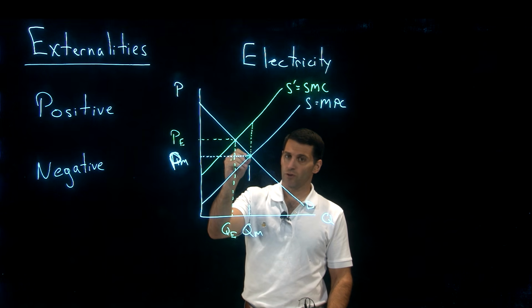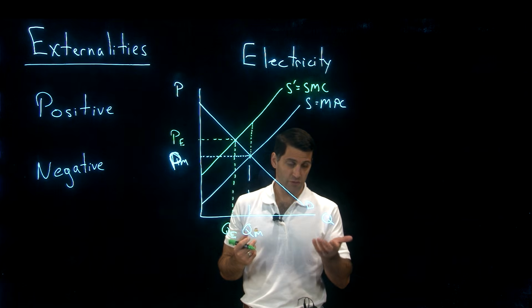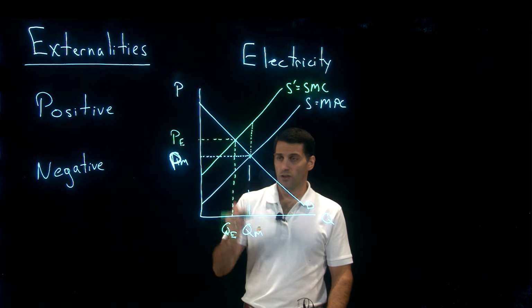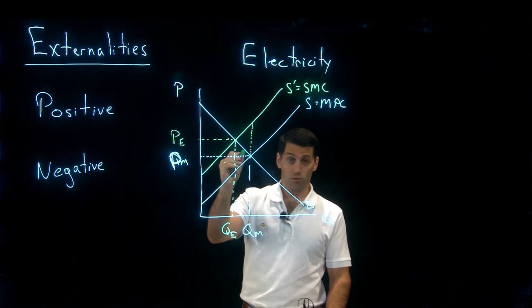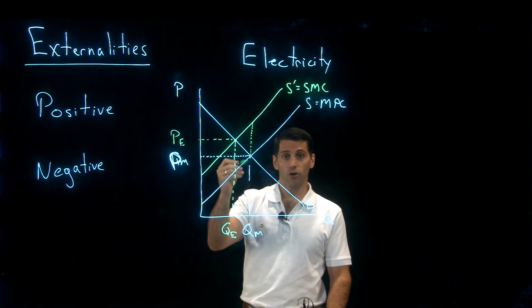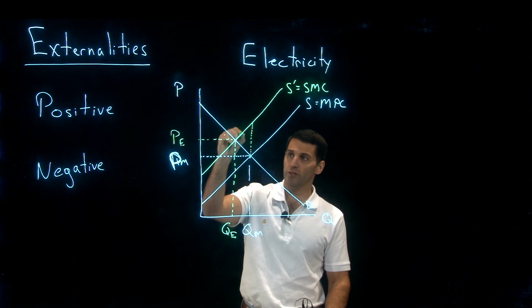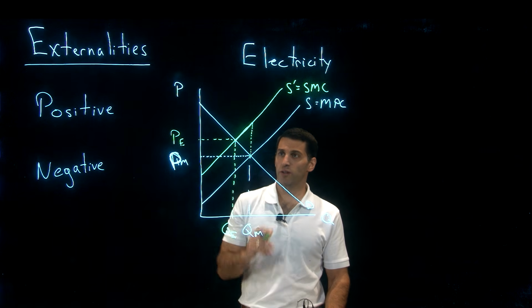Remember that the demand curve represents the willingness to pay for that unit of the good, in this case, the electricity. Well, that willingness to pay or marginal benefit for these kilowatt hours of electricity are below the marginal social cost of producing electricity, which is represented up here on this supply curve.